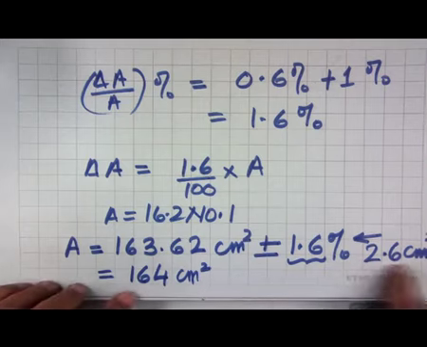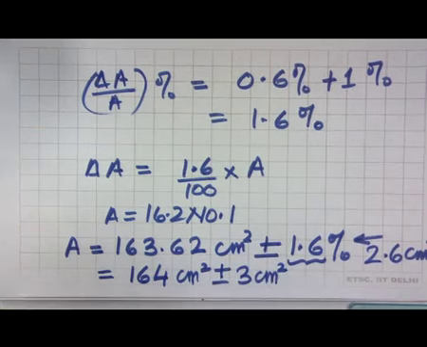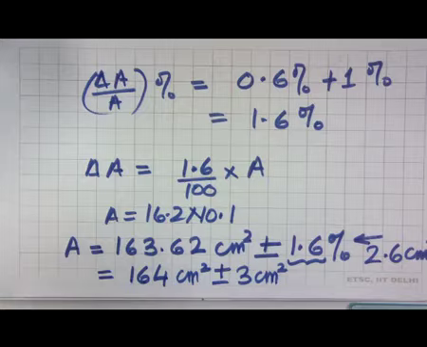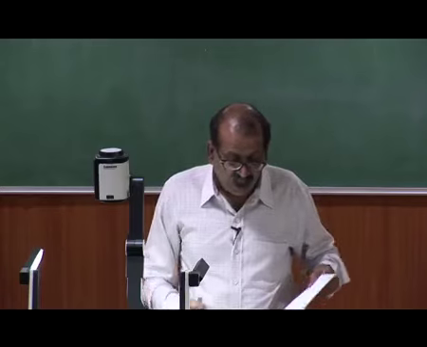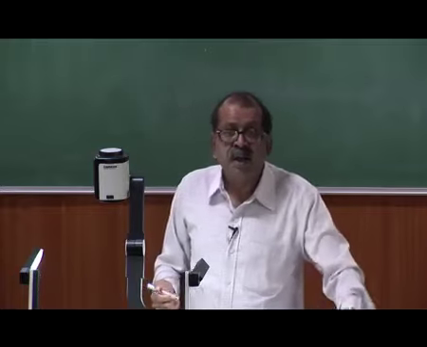Therefore, this 2.6 will be rounded up to 3 centimeter square, and so the final expression for the area will be 164 centimeter square plus minus 3 centimeter square. So this is how one expresses a quantity which is obtained by a product.